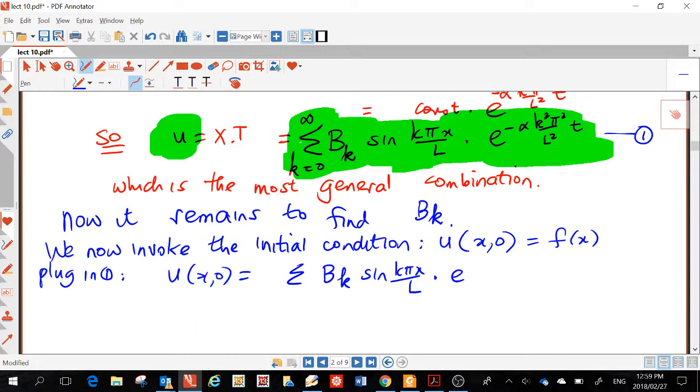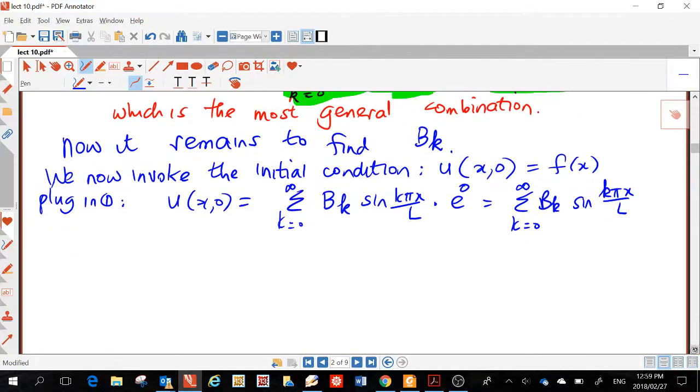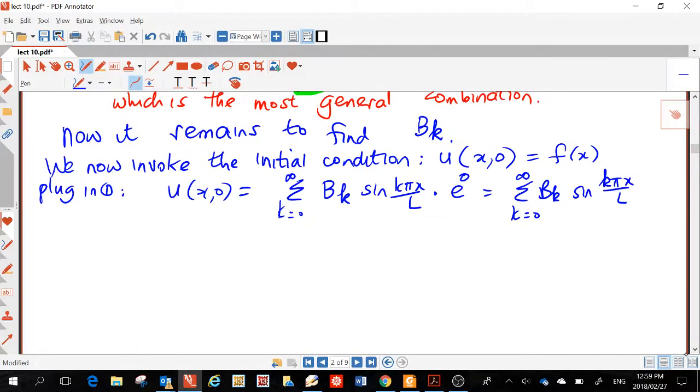E to the 0 is 1. So this collapses to bk sine k pi x over L, k equals 0 to infinity. And this is supposed to equal f of x.